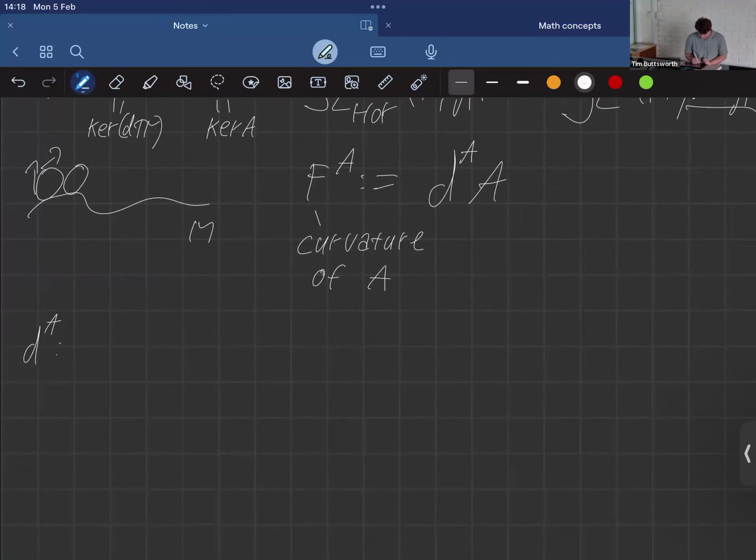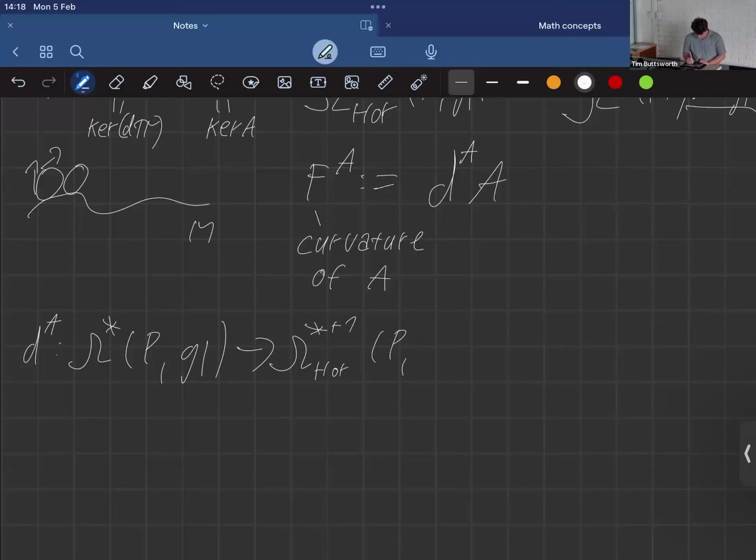d_A takes a form, let's say with values in the algebra, and produces a horizontal form. And how does it do that? Well, if our form is, let's say, alpha, what we get is d_A alpha.